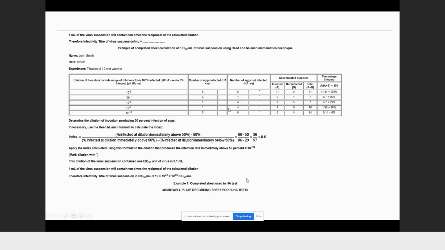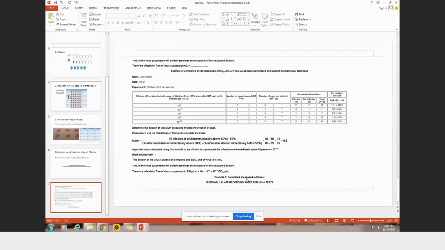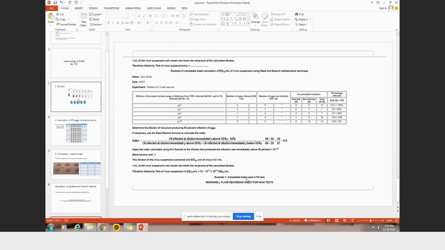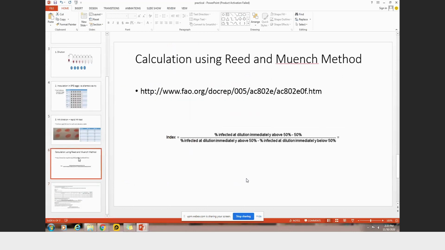So you already tabulate the results, and then you need to tabulate another table. I think I need to go to this link because this is already the next step. That link will show you how they get 11 and so on.